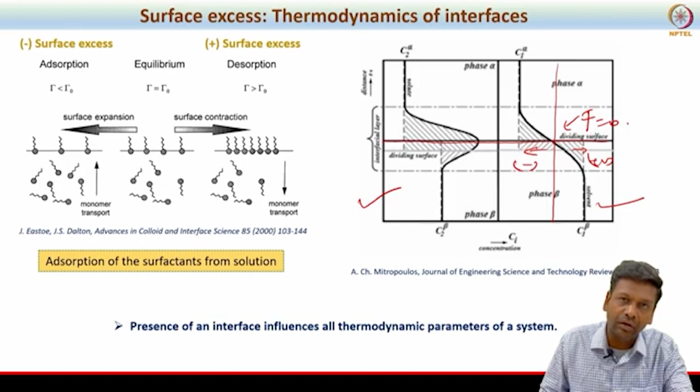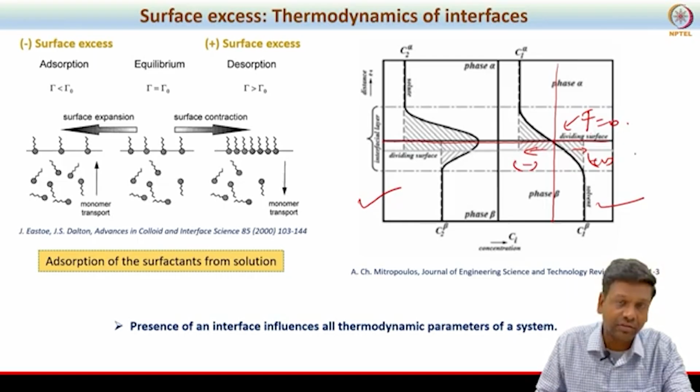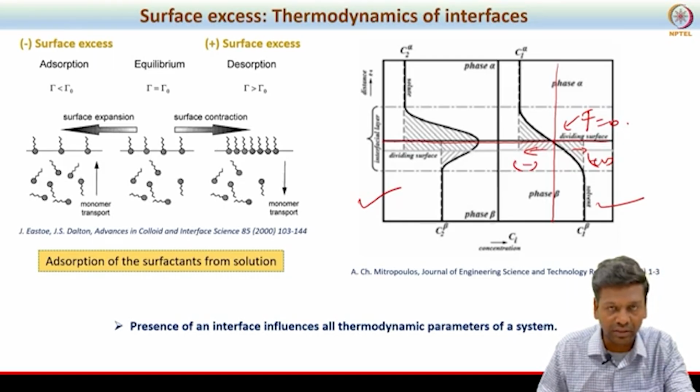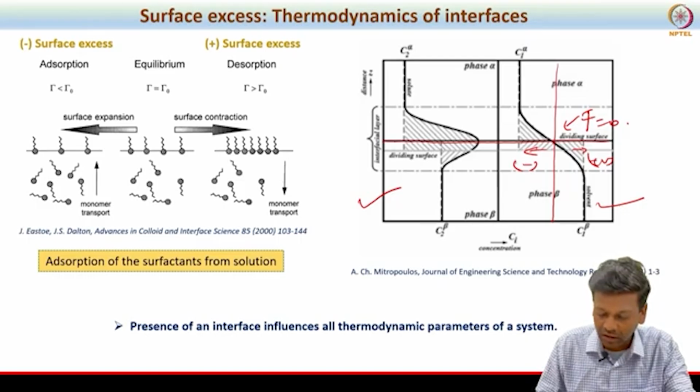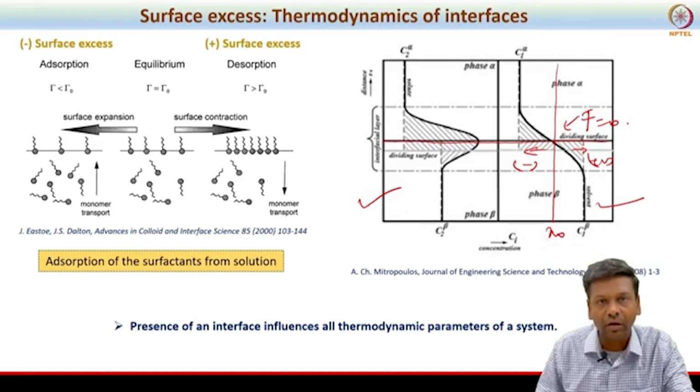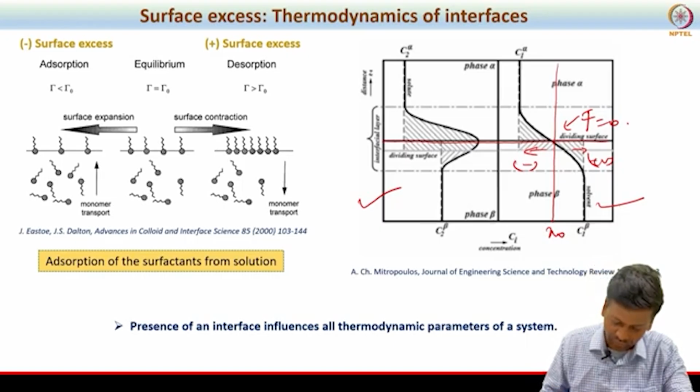Whenever you deal with a binary mixture, it is easy for us to ignore one of the components. For the solvent, you can ignore it easily, by saying that when you use this as a dividing plane, at this point the surface excess for the solvent is 0. Based on that, you can calculate the surface excess for the solute, right. So that is the idea. This is all about the Gibbs dividing plane.